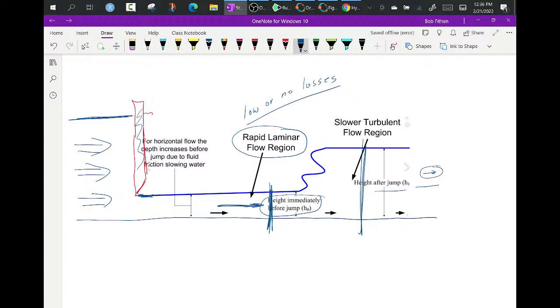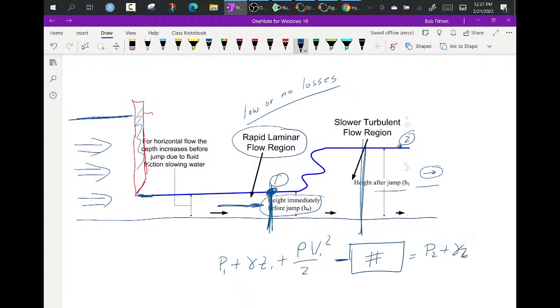But if you compare Bernoulli's equation from this point here to this point here, you're going to have P1 plus gamma Z1 plus rho V1 squared over 2 minus some losses. There'll be an actual number here equal to P2 plus gamma Z2 plus rho V2 squared over 2.